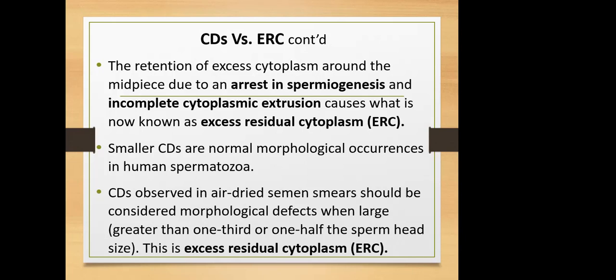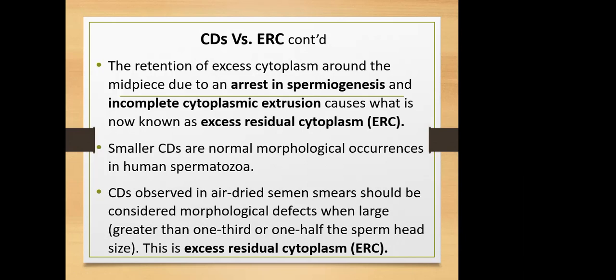We've talked about maturation arrest, and now we're talking about spermiogenesis arrest. Any question on spermiogenesis arrest? There is the spermiogenesis process, where you are going to have the cytoplasmic extrusion, and that's where you are going to have the Sertoli cell to phagocytose.